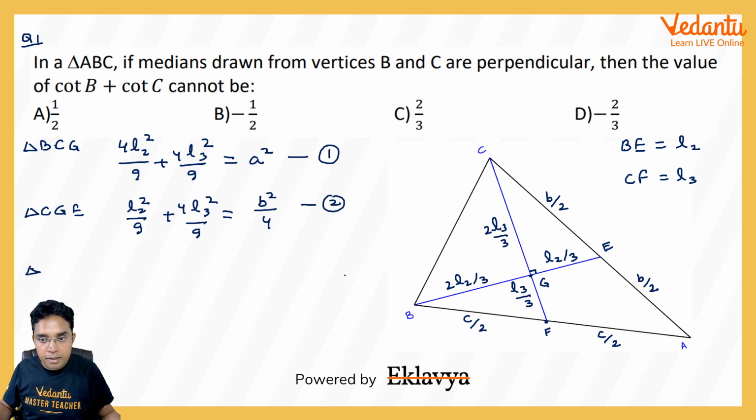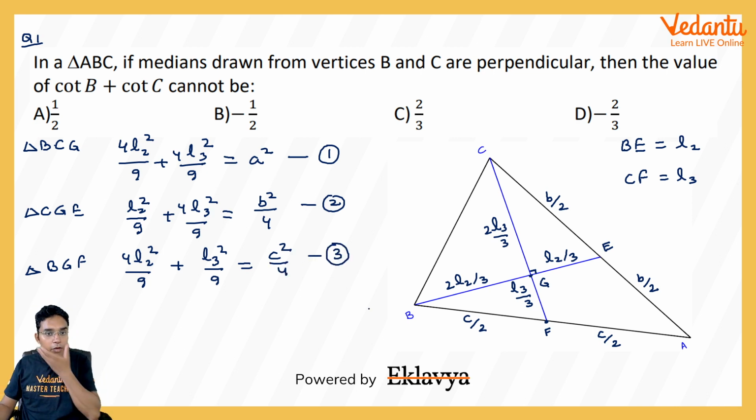Similarly, in another triangle BGF, this will give us 4L2 square by 9 plus L3 square by 9, and this comes out to be equal to c square by 4. So this is my equation number 3.